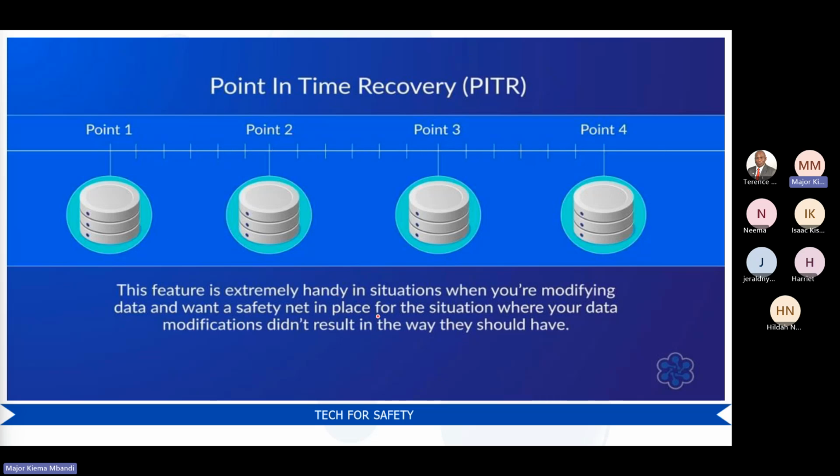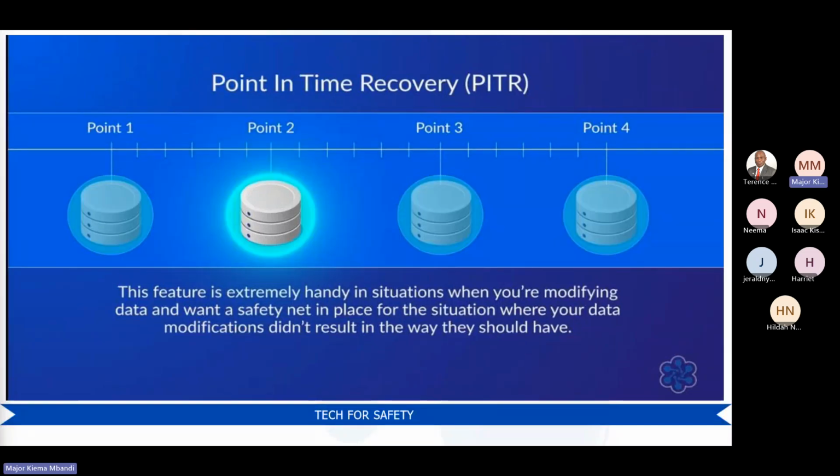This is extremely handy in a situation where you are modifying data and you want a safety net in place for situations where your data modification didn't turn out the way it should have. So you can take your backups at different points depending on how frequently your data is changing in your DynamoDB table.